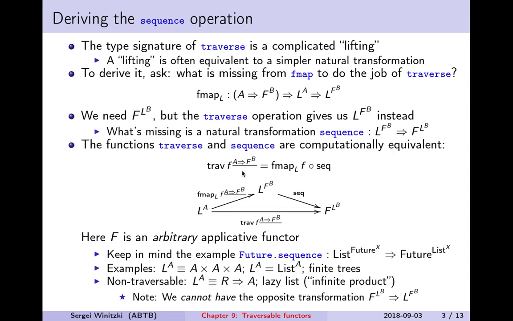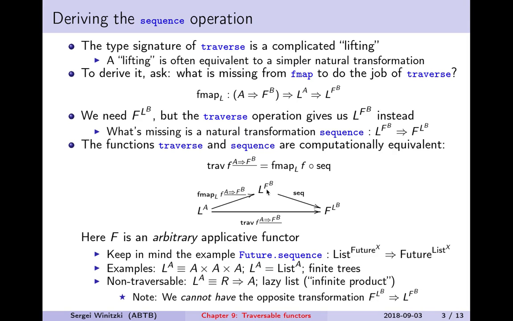So this is why. Well, we have defined sequence like this. So then traverse of a function f is computed by first doing fmap of f, like we did here. Then we get this. And then apply this sequence function that I abbreviate to seq, which performs this transposition of the order.